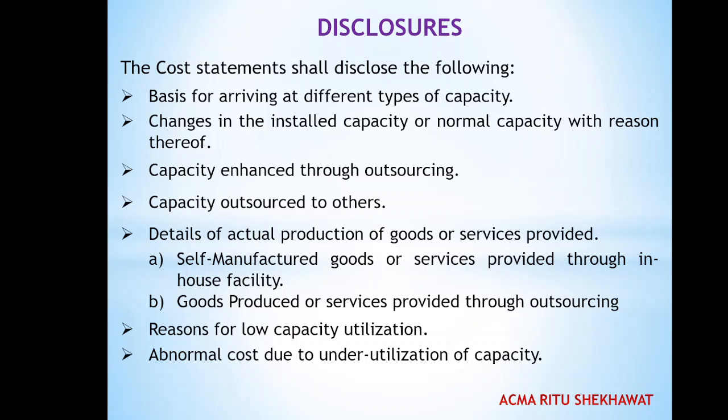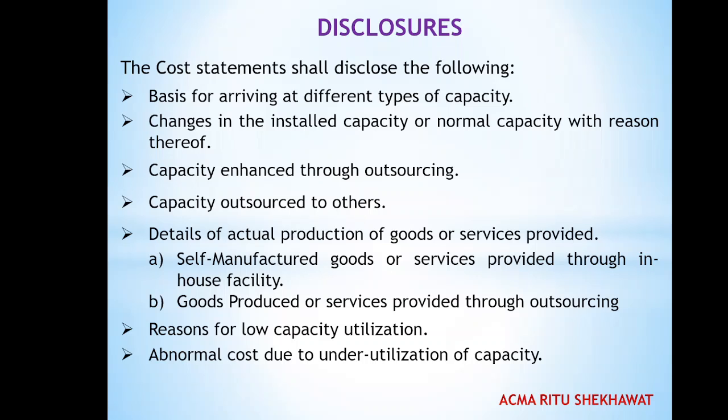Capacity enhanced, or capacity outsourced to others, like third party, loan license, job work and other work, we need to put up in disclosure. Details of actual production of goods or services provided: self-manufactured goods or services provided through in-house facility, or goods produced or services provided through outsourcing.